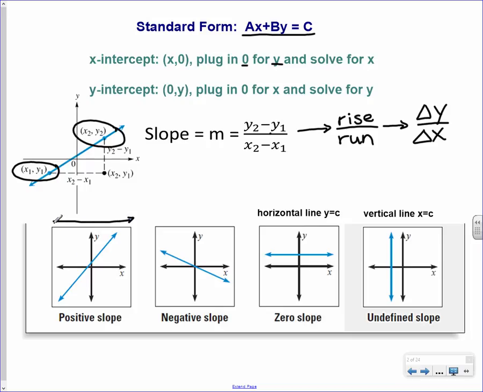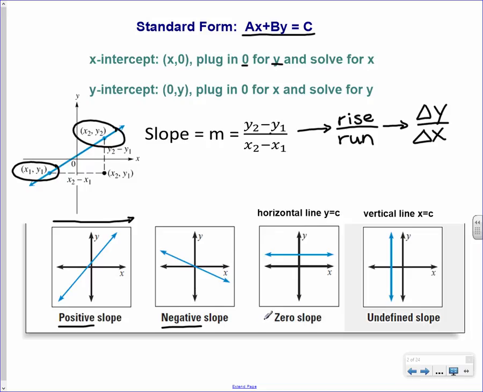Is the line rising or is it falling? Okay, if it's rising from left to right, then it's a positive slope. Okay, so our slope should have a positive value. If we're looking at it from left to right and it's falling, like this one, then we have a negative slope. Okay, so our slope should be negative.